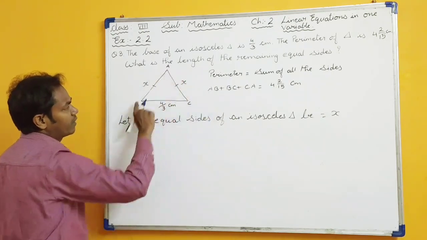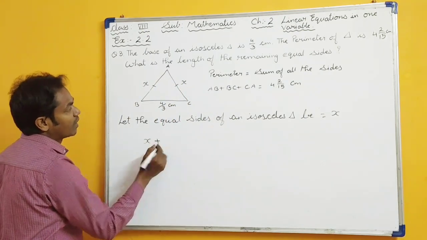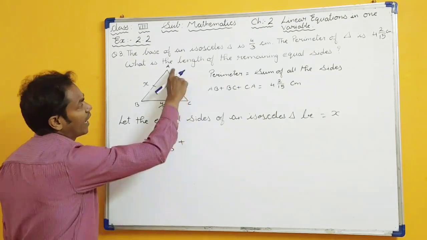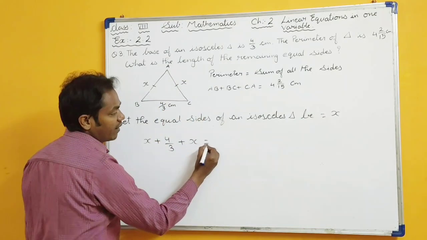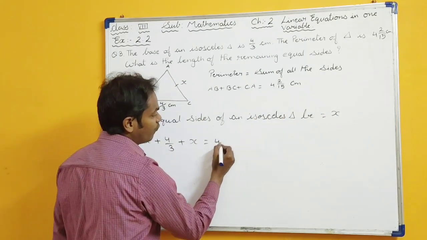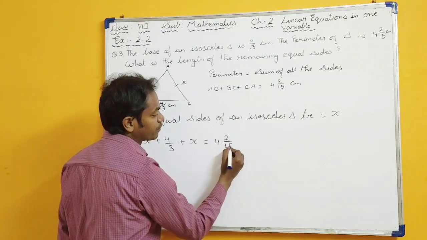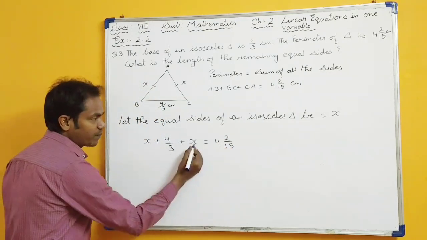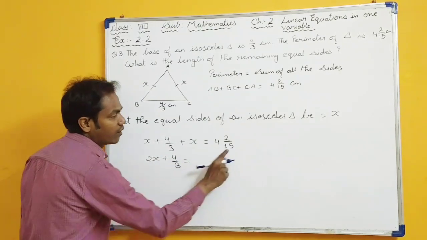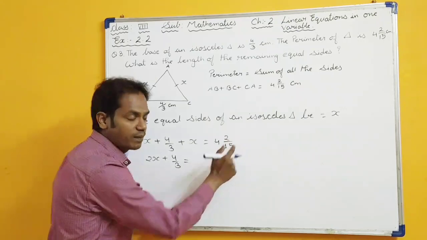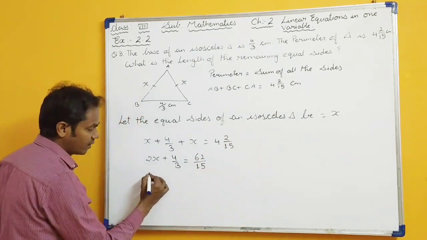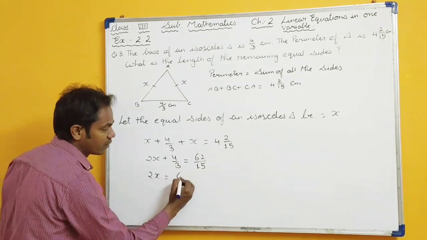Your equation will be AB is x plus BC is given in the question 4/3 and AC is also x, and the sum of all the three sides is given in the question 4 2/15. So x plus x is 2x plus 4/3, 15 4s are 60, 60 plus 2, 62/15. This becomes a simple equation.